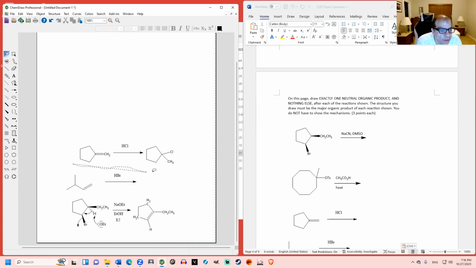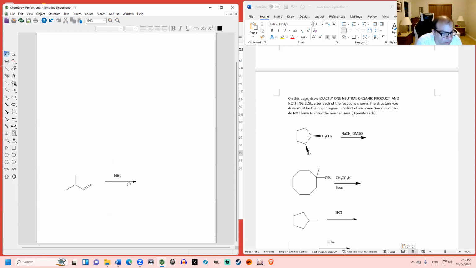And I won't go over this mechanism because we've done it a million times. This mechanism, though, I will go over. First, I'll show you the answer. We're going to get addition of HBr across that double bond.